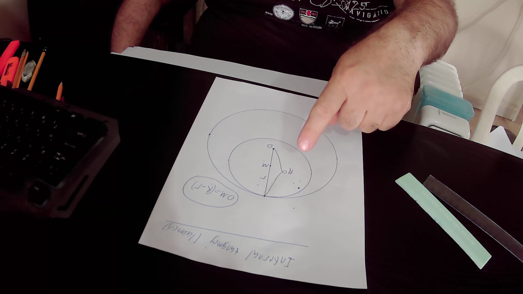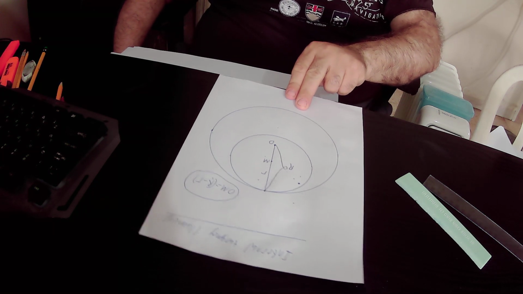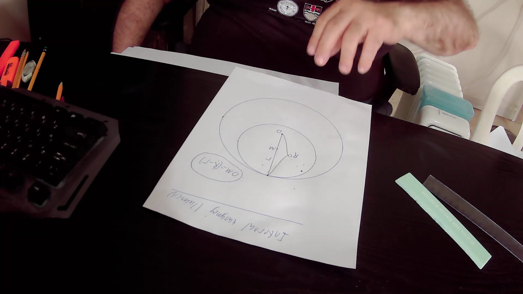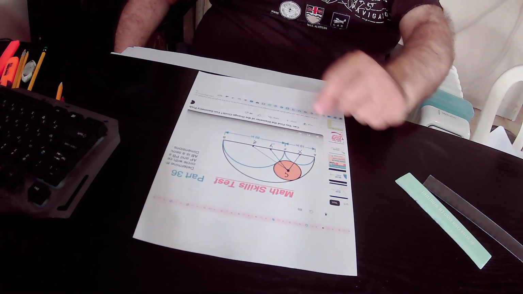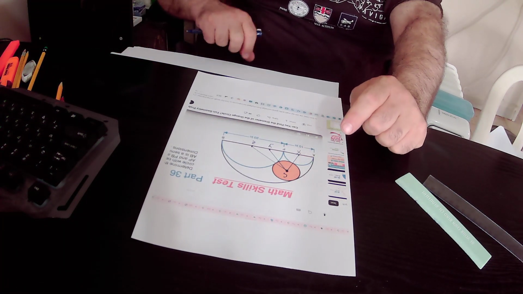In this case, it will be equal to capital R minus small r. And this is the internal tangency. So according to those two rules, we'll find out the value of the length of line segment CX.